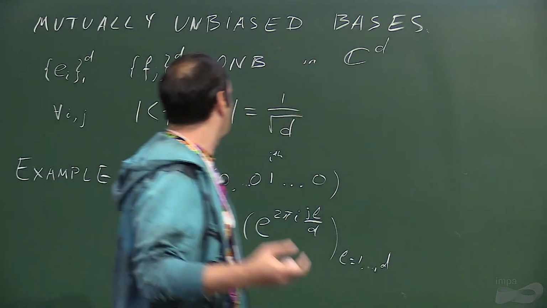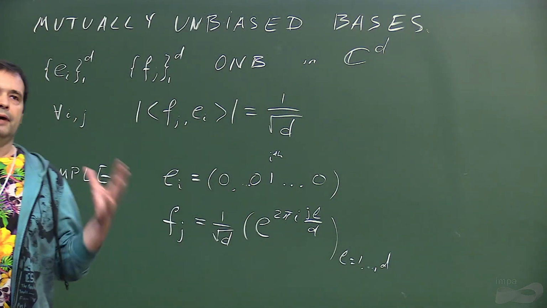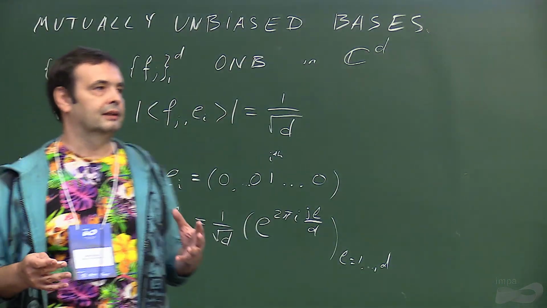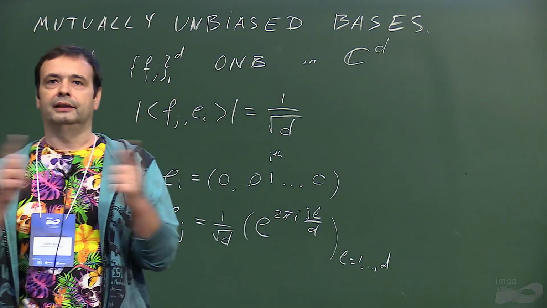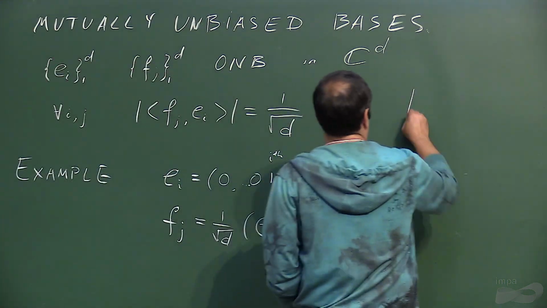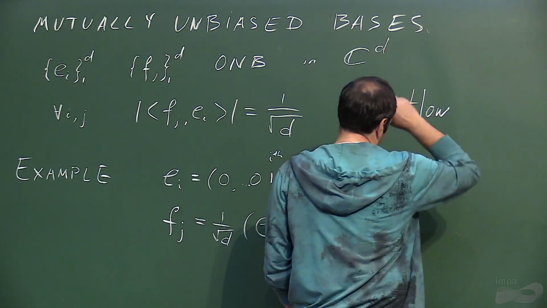And the question is, how many mutually unbiased bases can you have in d dimensions? Pairwise unbiased. And there is a very well-known upper bound.